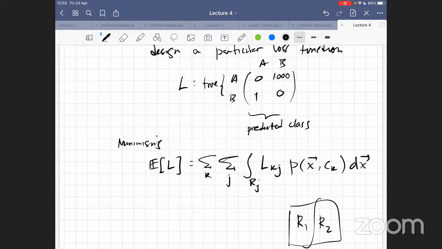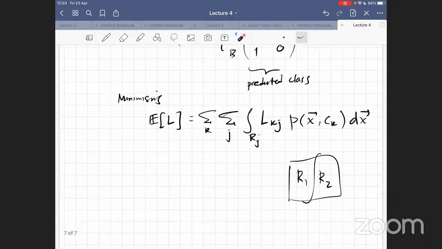So I am marginalizing over all possible classes by doing this sum, and I am marginalizing by all possible values of x by doing this integral. But this integral is divided in regions, so there are the points belonging to region 1 and points belonging to region 2, and that's why I am summing over the regions here.